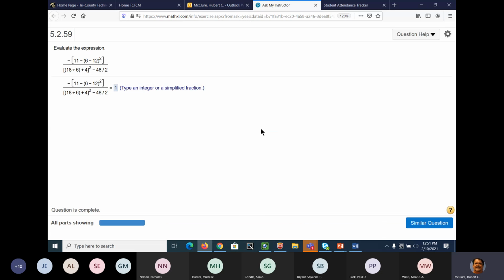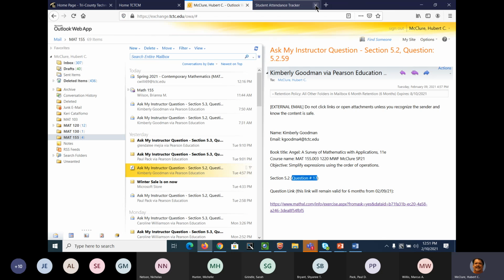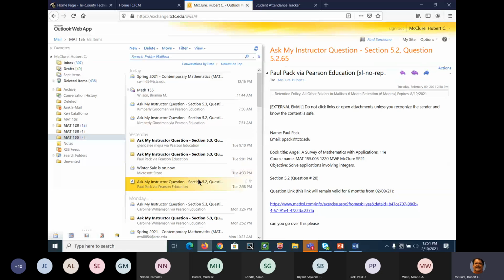But we all know positive $100 in the bank is not equal to negative $100 in the bank, is it? So that was number 59, and that one goes away. Now let's look at, that's 65, and that's 63. So this is number 63 in the book, number 19 online.